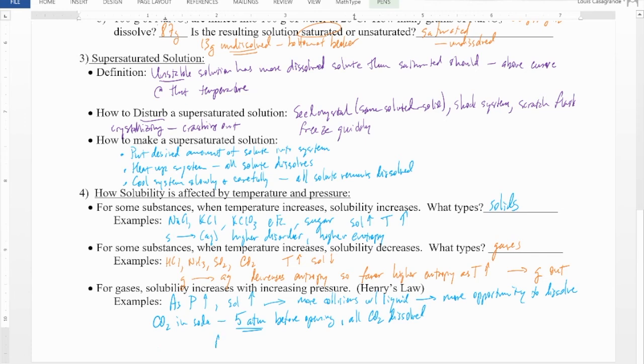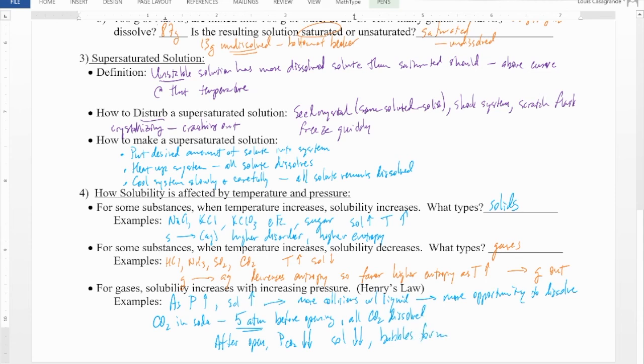And then after you open it, the pressure of the CO2 comes way, way down. It's probably on the order of about 1% of the atmosphere. And so when you open it, the pressure of the carbon dioxide goes down, the solubility goes way down, and the bubbles form.